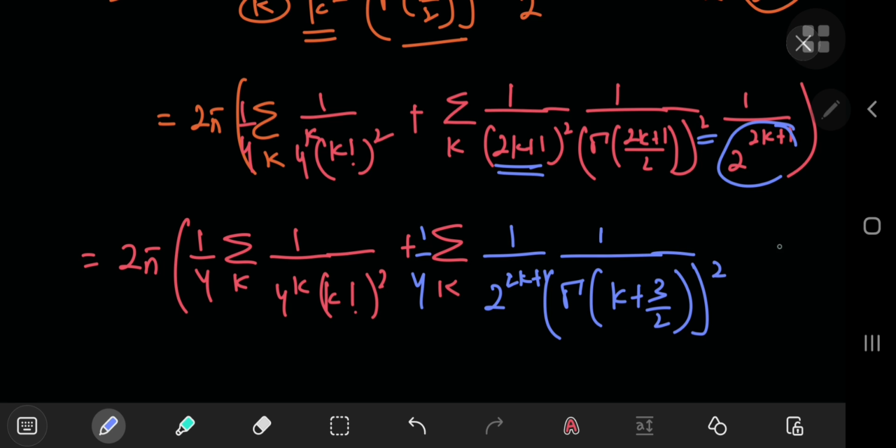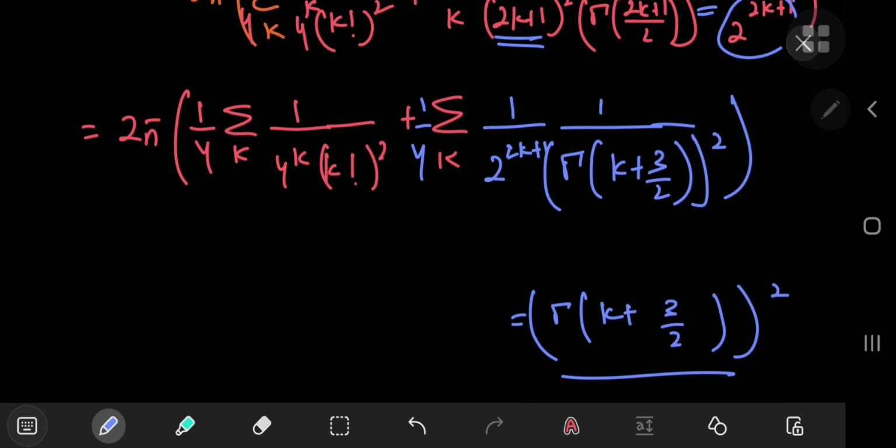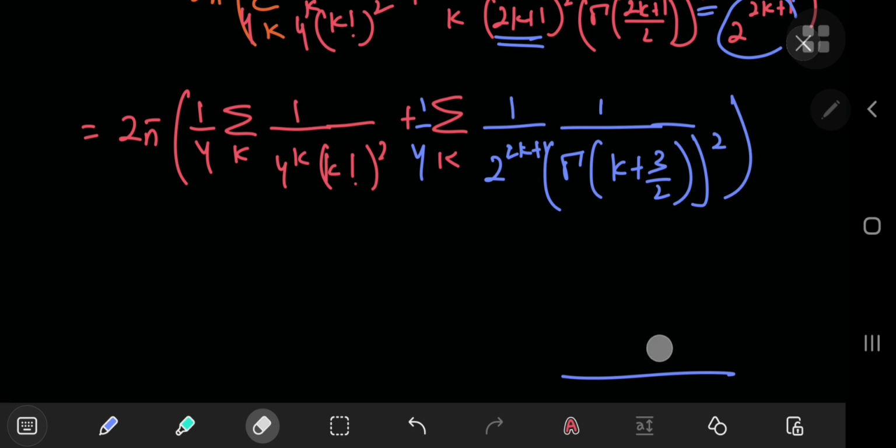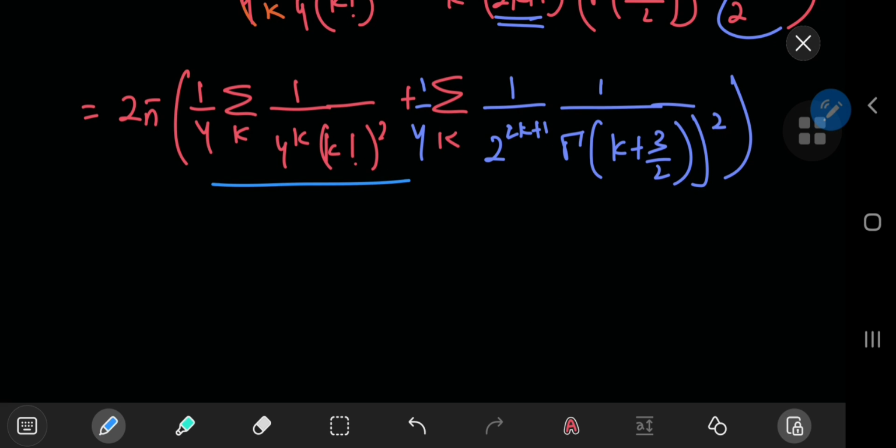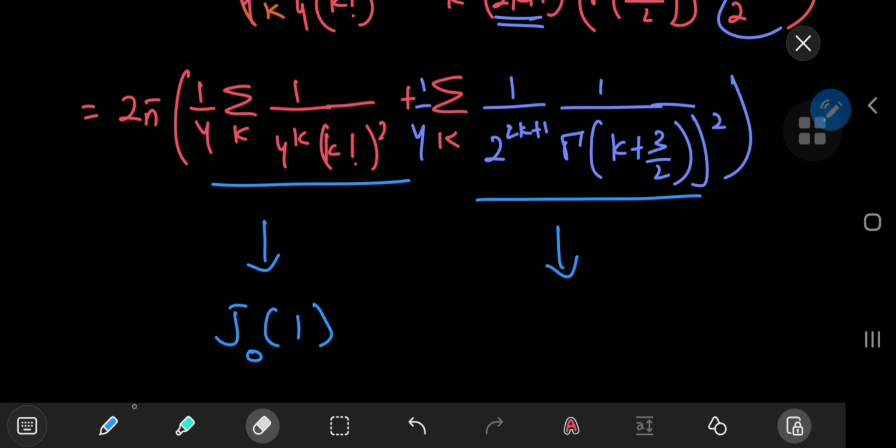Now you have a couple of very fascinating infinite sums that can be evaluated using special functions. The first of these sums is the modified Bessel function of the first kind with the parameter set to 0, or order 0, that is. And the second is the modified Struve function, and I think it was represented by L, again of the first kind, order 0.